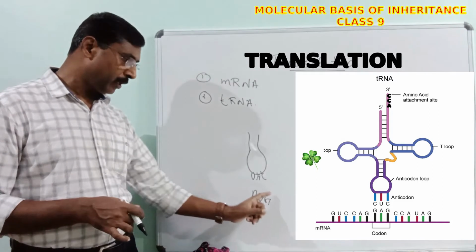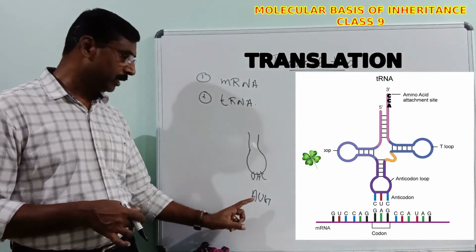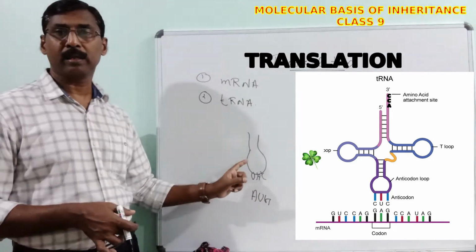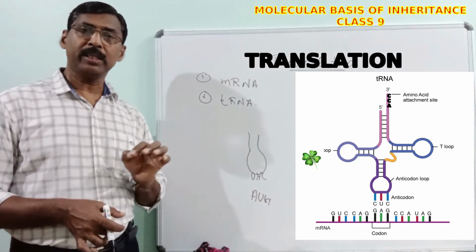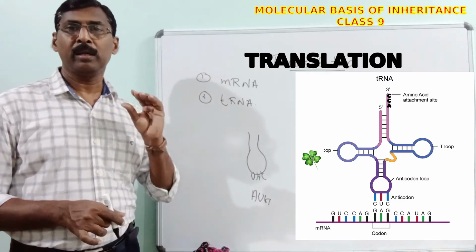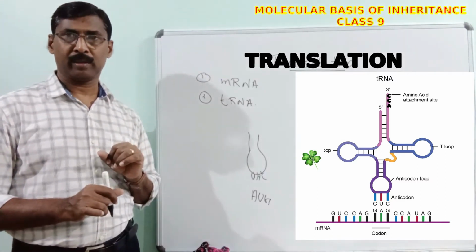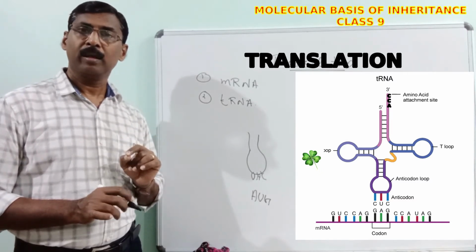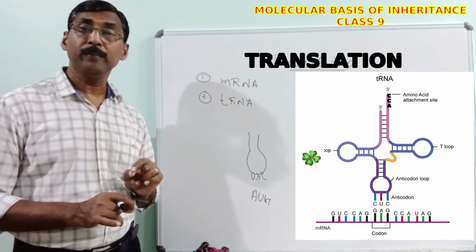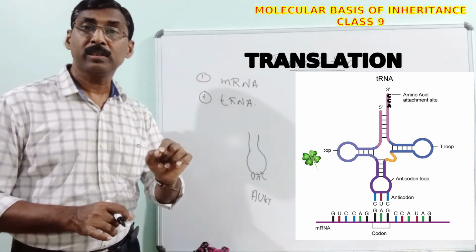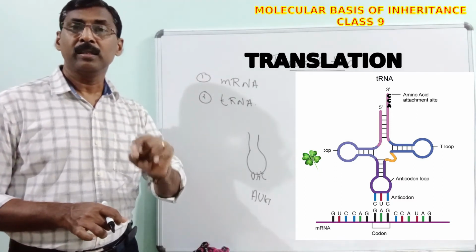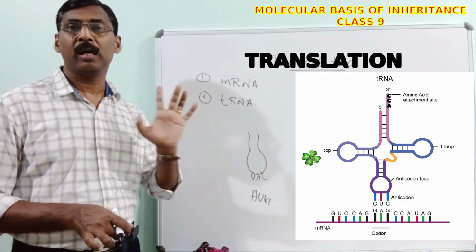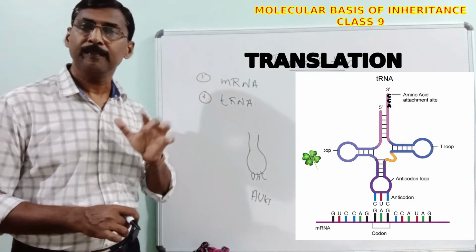The codon for methionine is AUG and the complementary anticodon is UAC in that transfer RNA. So every transfer RNA has an anticodon with bases complementary to those codons which represent the amino acid that should be carried by the respective transfer RNAs.